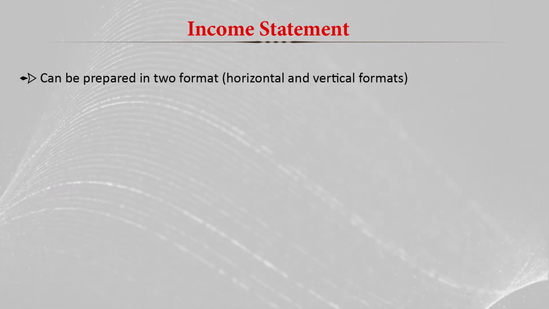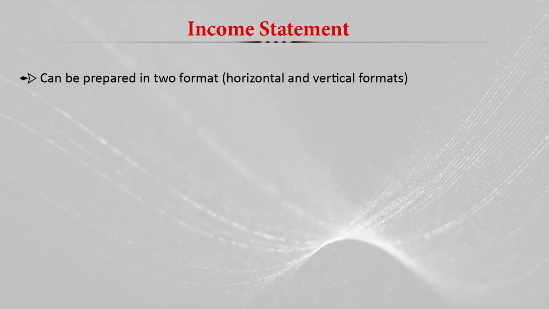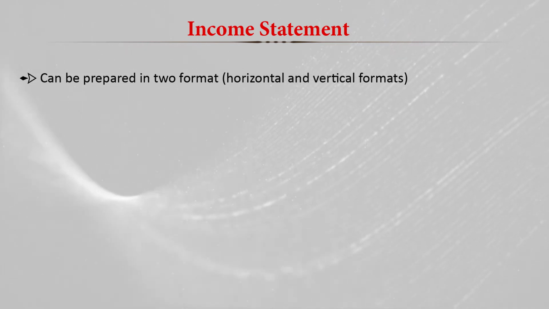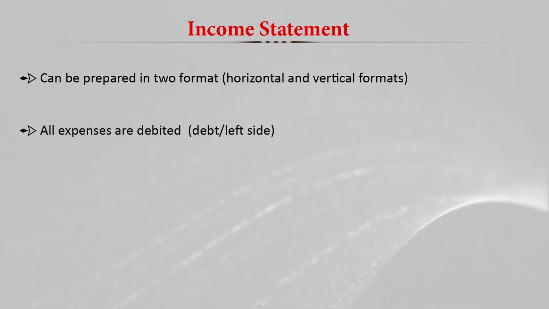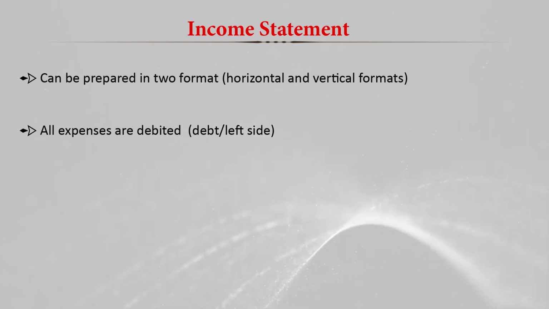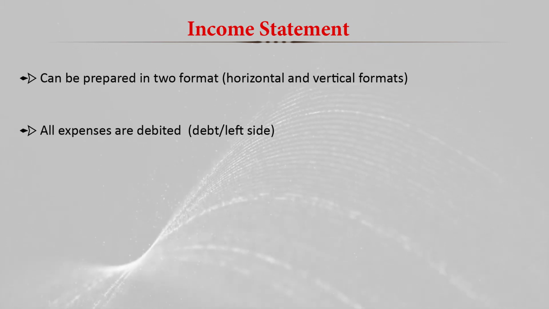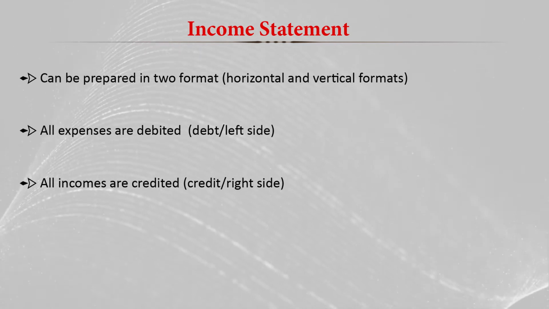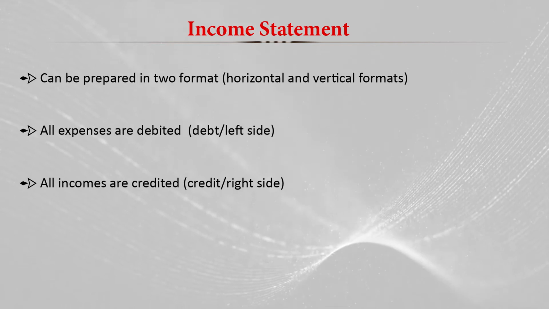The income statement is prepared in two formats, horizontal or vertical. In the horizontal format, all the expenses are debited, that is, we show all the expenses on the debit side, the left side of the table, and all the income is credited, shown on the credit side, the right-hand side of the table.